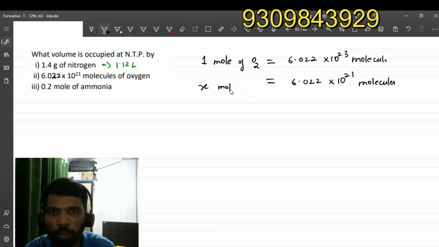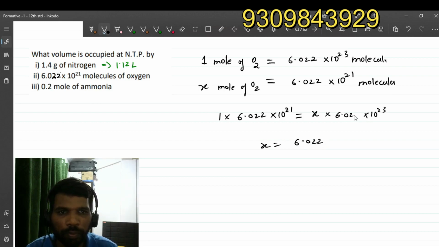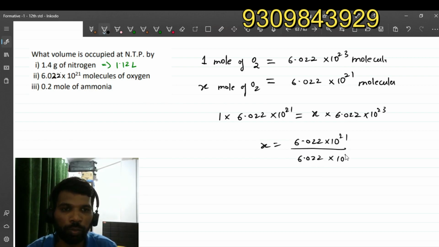So x multiplied by 6.022 into 10 raised to 23 is equal to 6.022 into 10 raised to 21. So x is equal to 6.022 into 10 raised to 21 divided by 6.022 into 10 raised to 23.